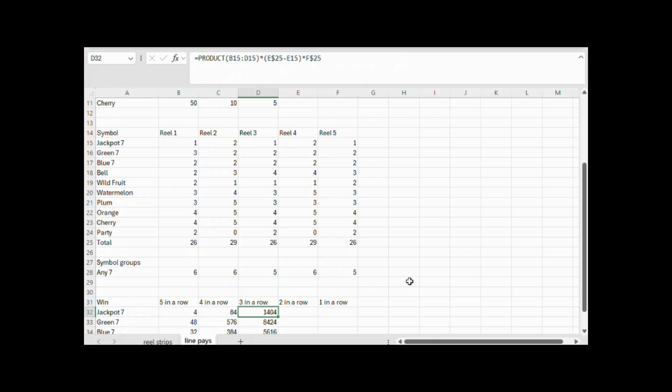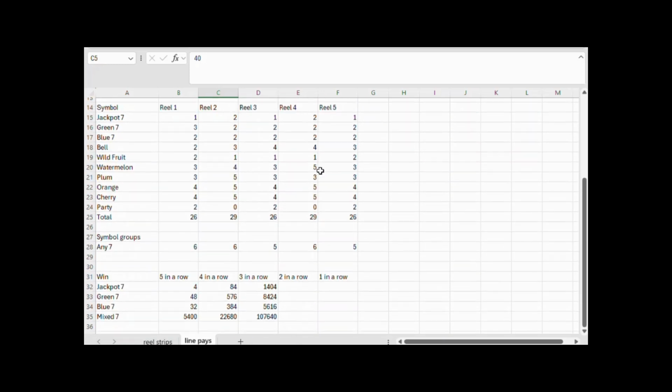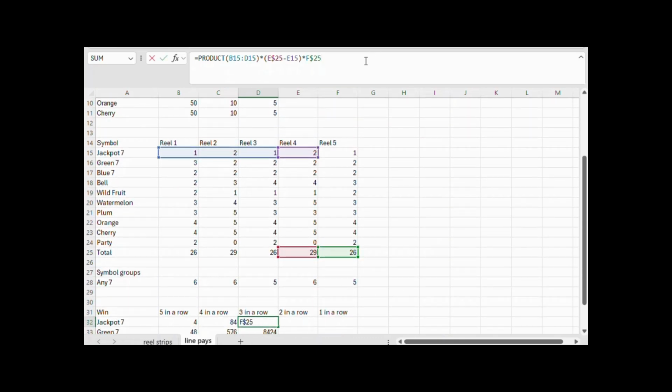So there's a similar double counting problem with getting 3 Jackpot 7 symbols. Notice that pays 40, and also 4 mixed 7s pays 40. So if the player got 3 Jackpot 7 symbols and then a green 7 or a blue 7, it would count both ways. So again, since they're exactly the same, I can choose which way to count it, and I'm going to count it as 4 mixed 7s.